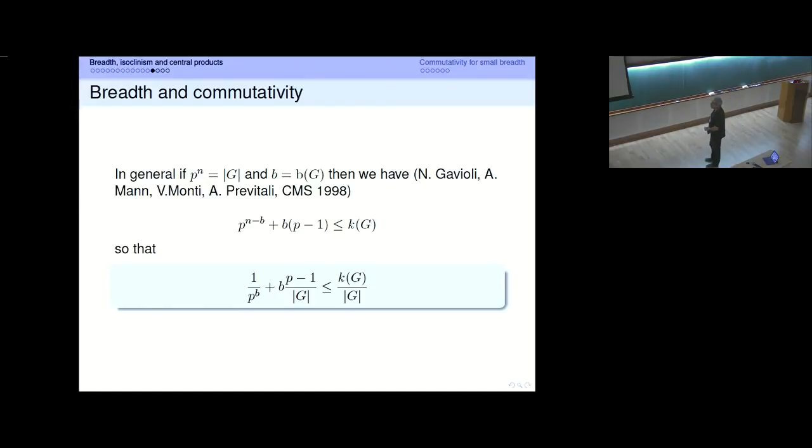In that paper we found bounds for P groups of small breadth for the number of conjugacy classes, for K of G. We gave these bounds, and a lower bound is the one in the box there.